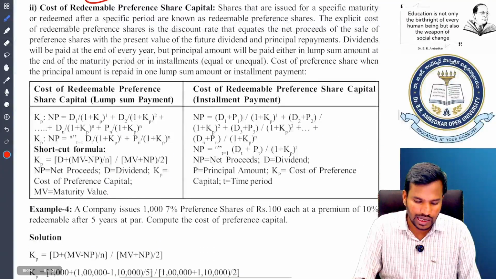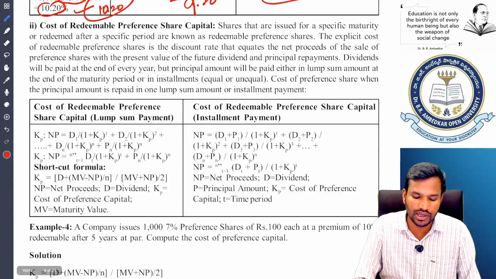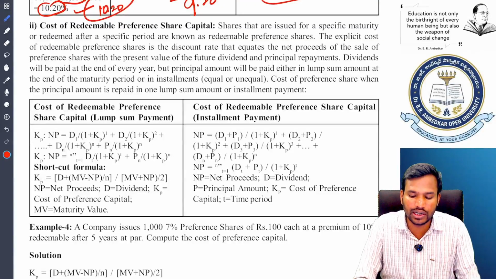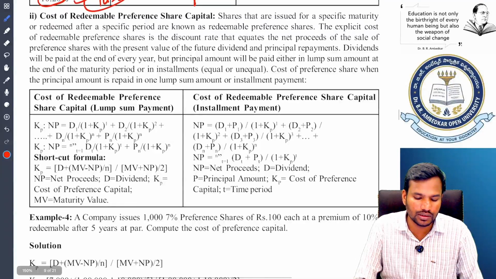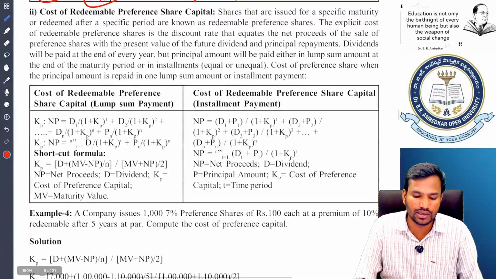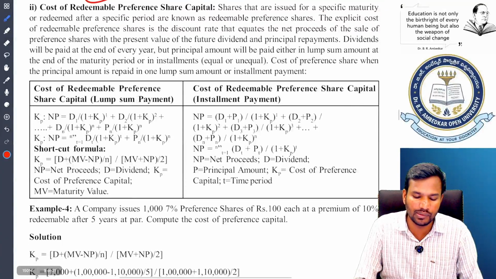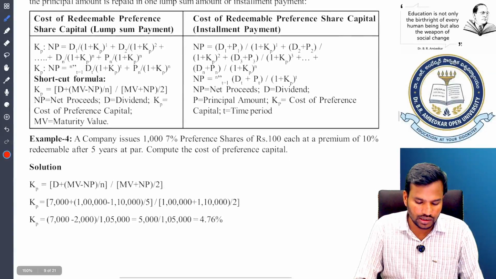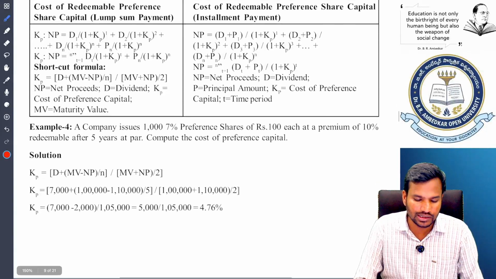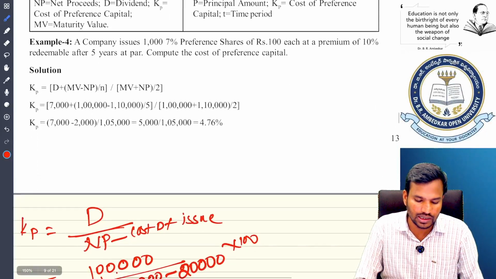Next, cost of redeemable preference share capital. Shares that are issued for a specific maturity and after a certain period of time. In case we mention a certain time period, that comes under the cost of redeemable preference shares. See, according to the shortcut formula given, through that we can easily understand.